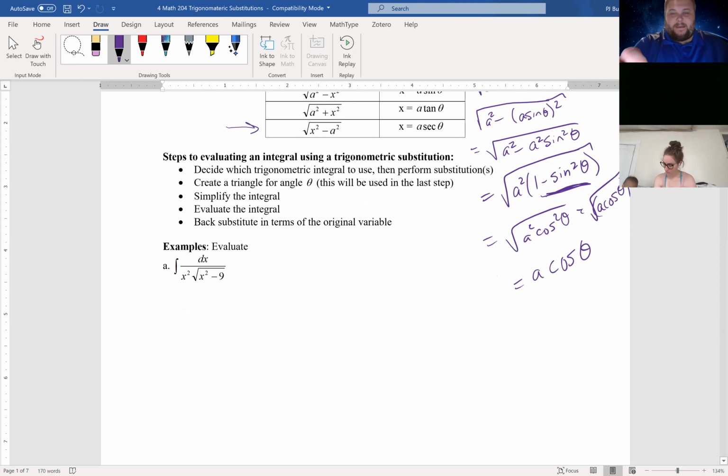Which means that I have to determine a and then let x equal a secant theta. So in this case, if a squared is 9, well, then a is obviously 3. So x in this case is going to be 3 secant theta. So any questions about why I chose that for this particular problem?